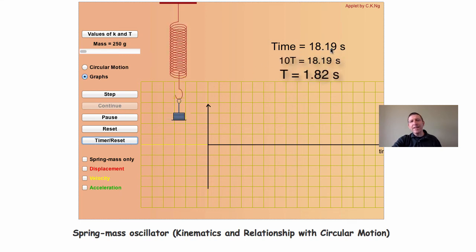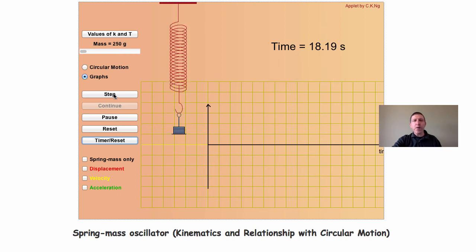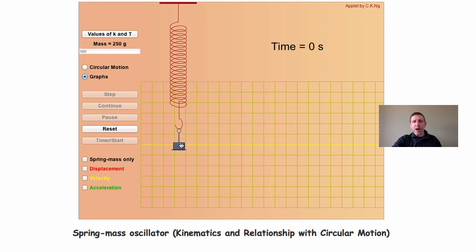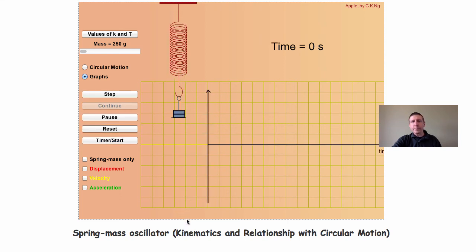18.2 again. Notice that within the uncertainty of the error of my timing, the period does not depend on what? It doesn't depend on the amplitude. I can pull this down as far as I want. I can pull it all the way down here, as far as it'll go.